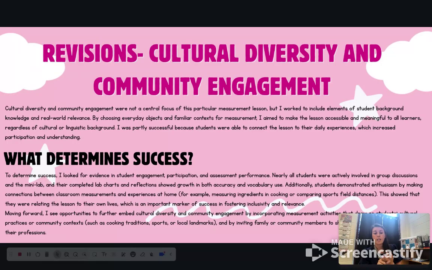And then the assessment at the end shows the success. Nearly all my students were actively involved in group discussions, and they completed their charts. Their reflections showed growth in both accuracy and vocabulary. Students demonstrated enthusiasm while making these classroom measurements and connecting to experiences at home.